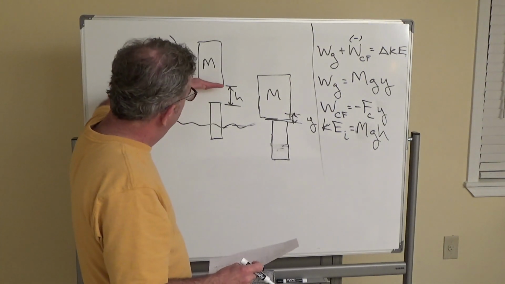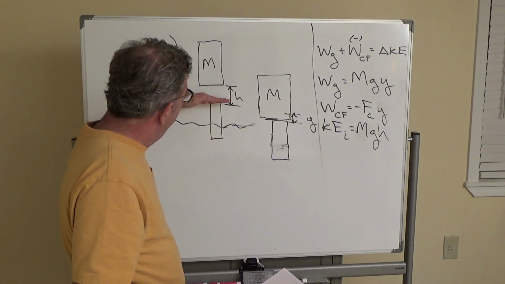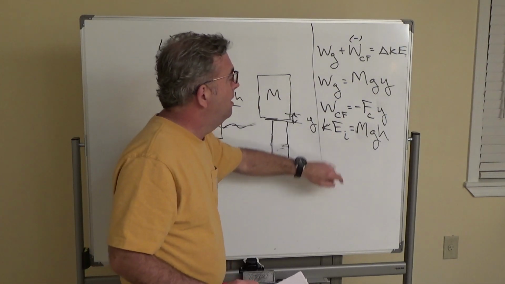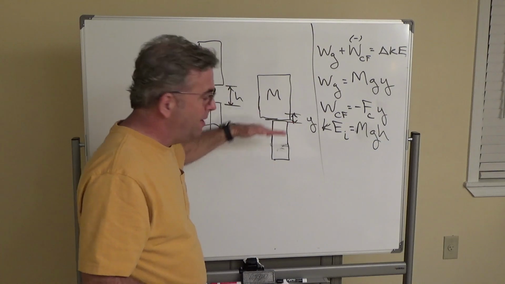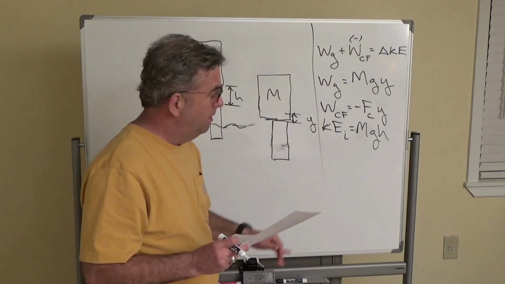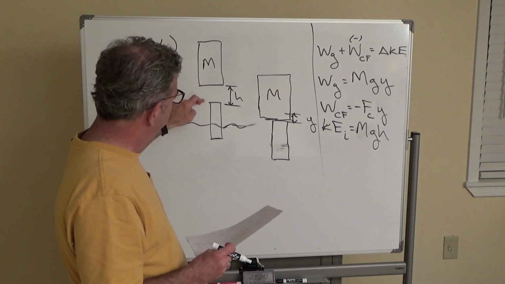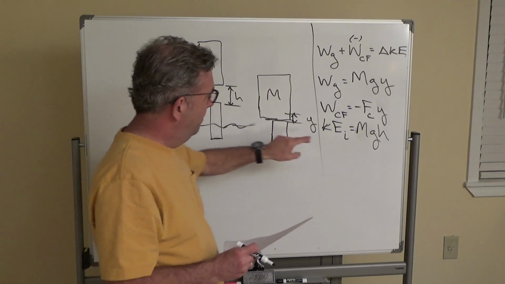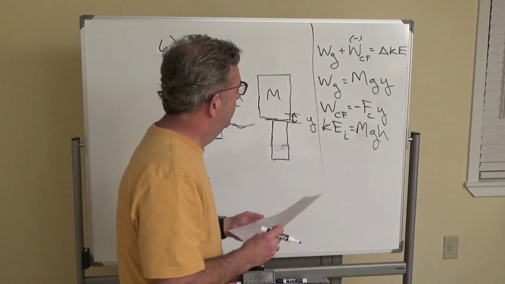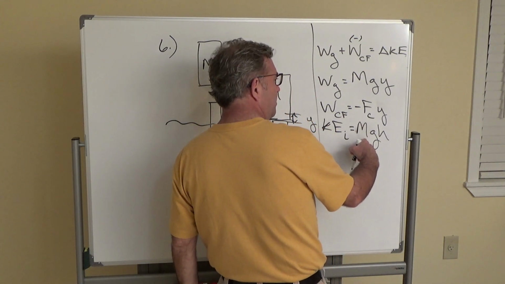Because it started out from a height h, that's all the energy it had before it made contact. So that initial kinetic energy, when it makes contact, is Mgh. Go through the calculation if you want to. You started out here, you end here, that kinetic energy is going to be Mgh, because that's the change in potential energy.